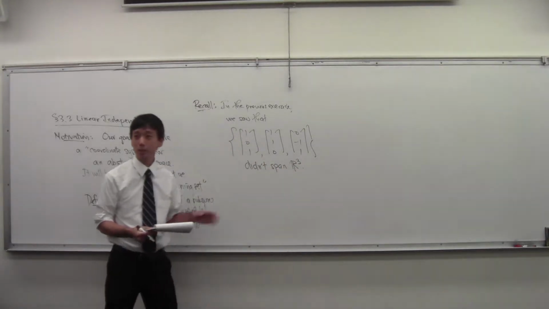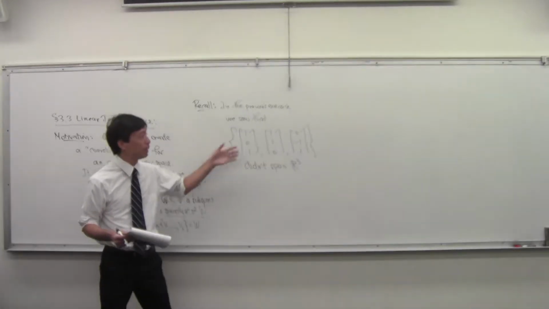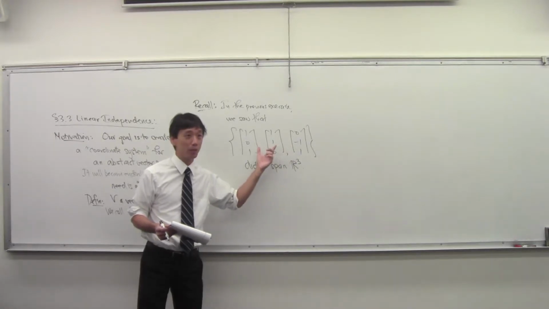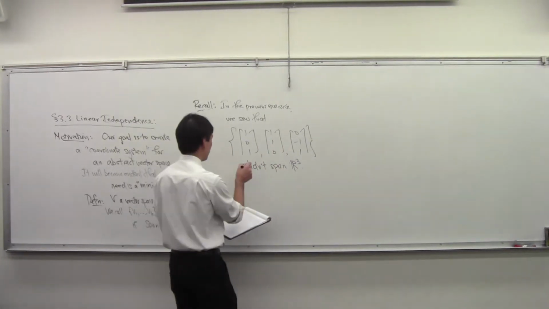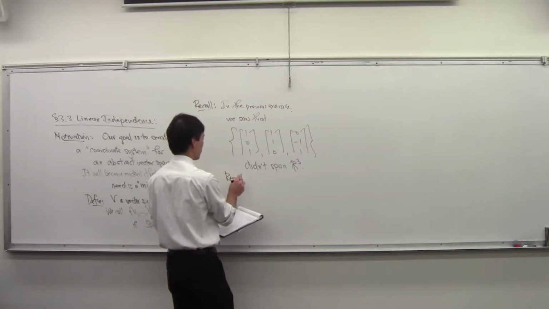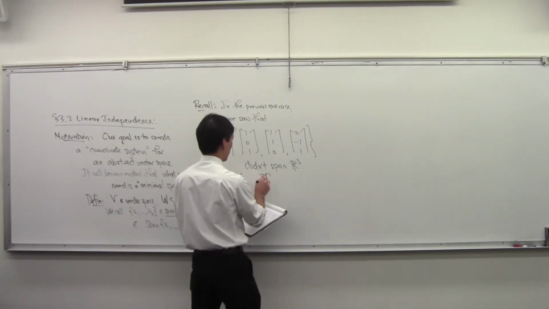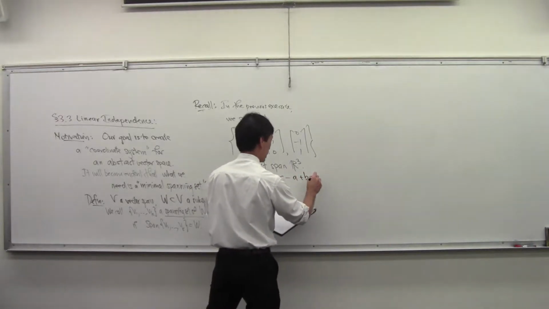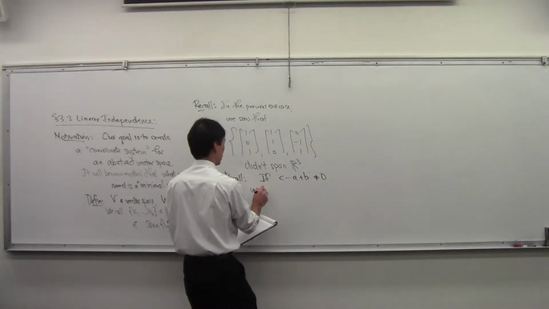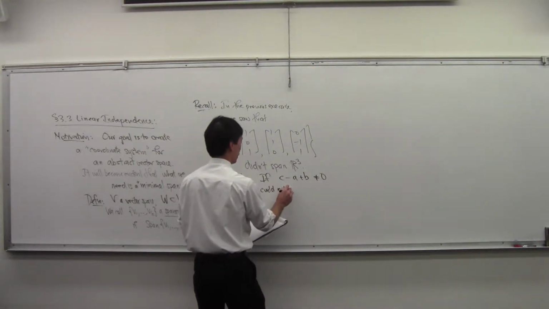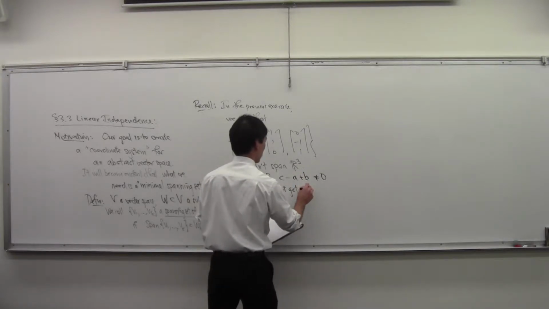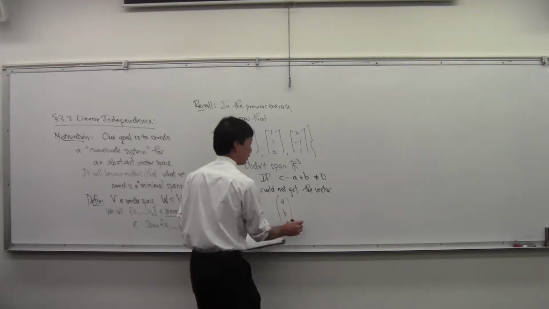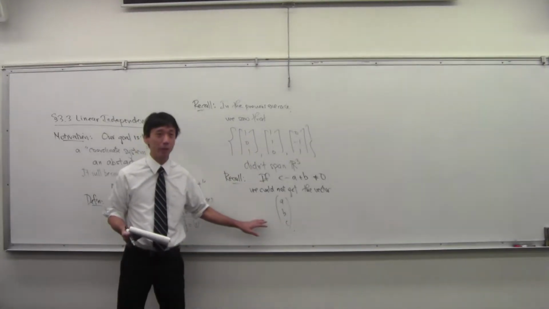Right? This was the exercise we did at the last class. We said, is the span of this all of R3? And then it turned out that it wasn't. Recall, if C minus A plus B was not 0, we could not get the vector ABC.